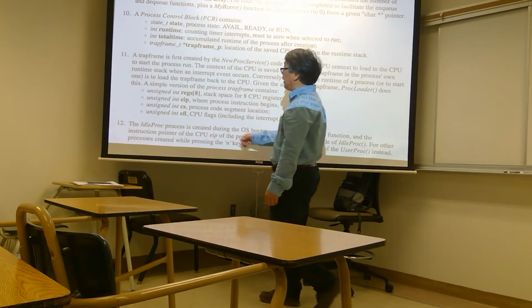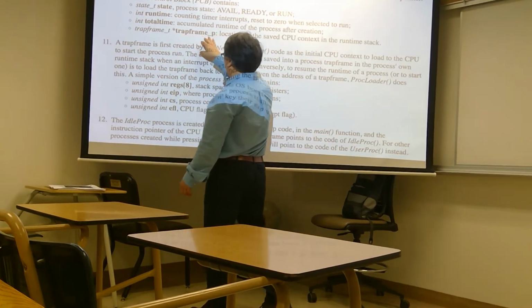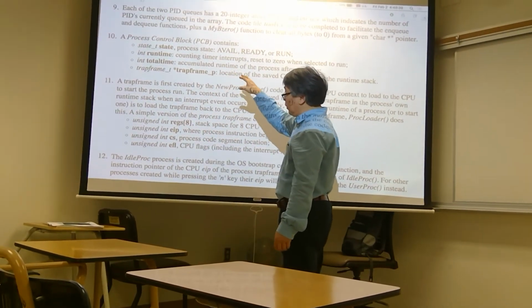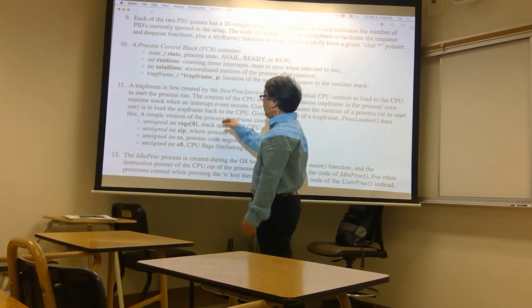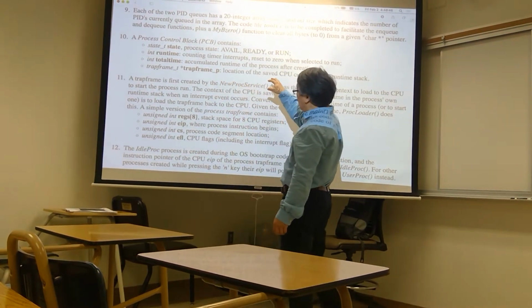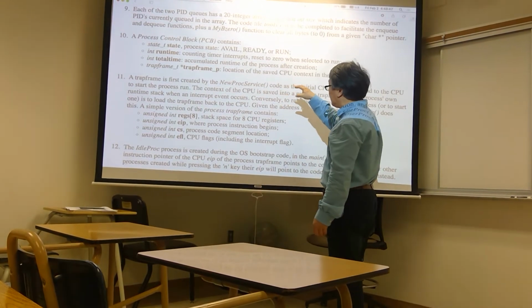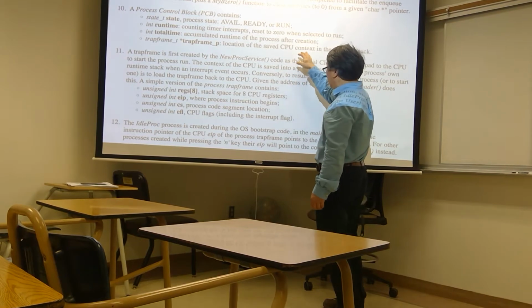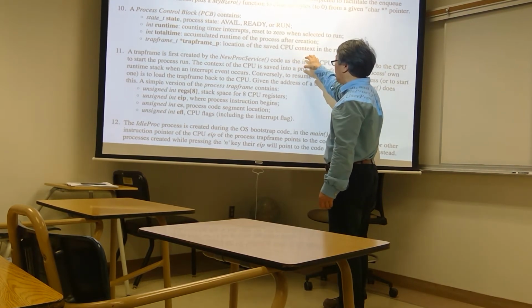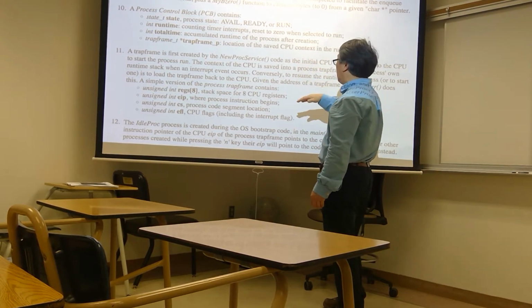And then the trap frame type pointer. There's a pointer pointing to a trap frame type, and trap frame type is a structure. There's a pointer in the PCB. This is the address location, the byte location, of the CPU context whenever the process is interrupted.